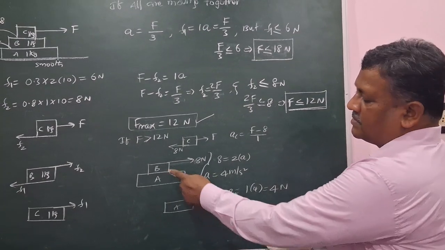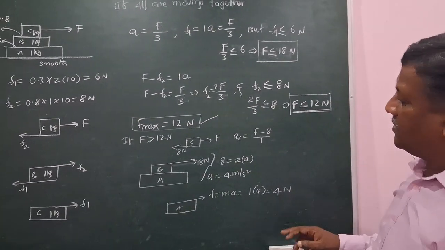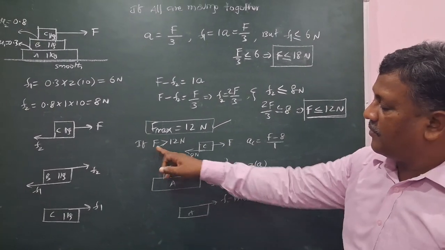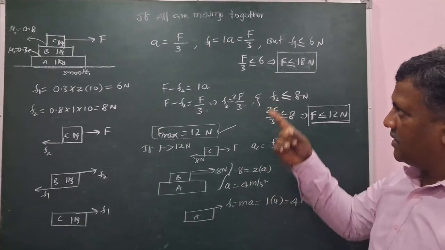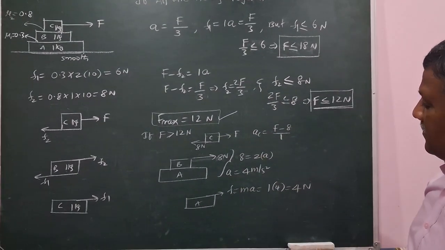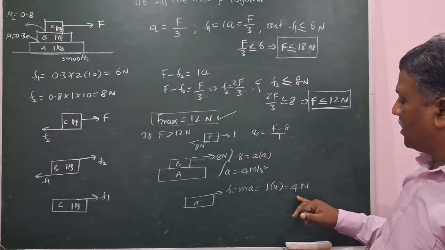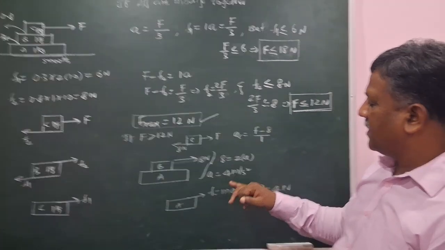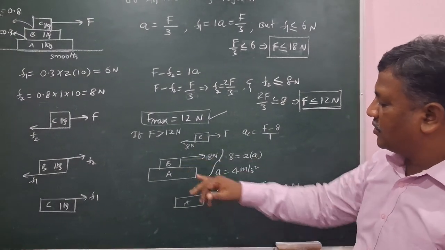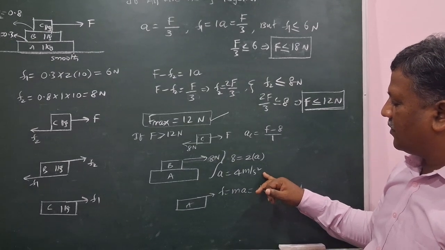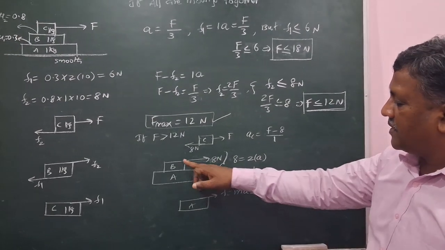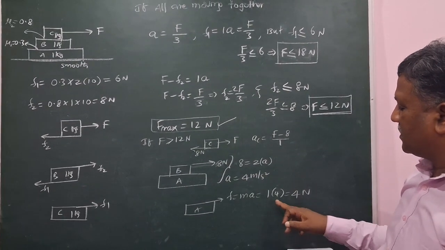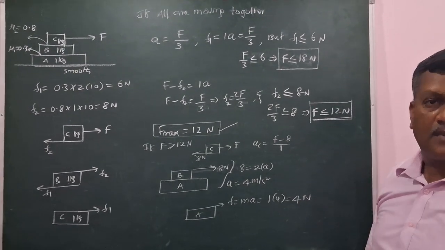So the frictional force between A and B, when force greater than 12 Newton is applied on C, is such that the combination of both moves with an acceleration of 4 meter per second square, and the frictional force between B and A is equal to 4 Newton. Thank you.